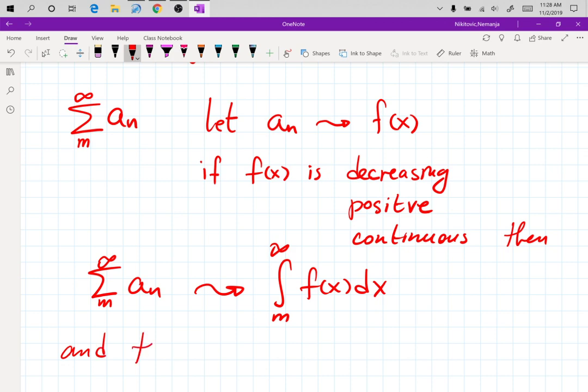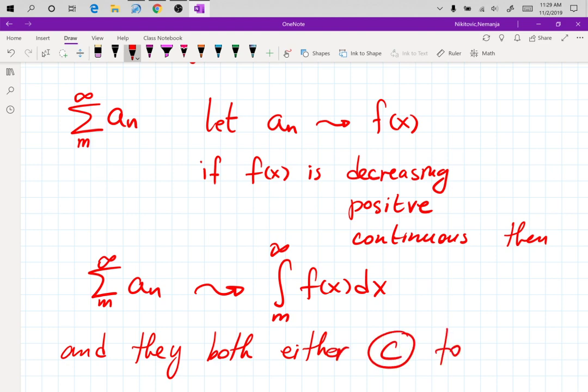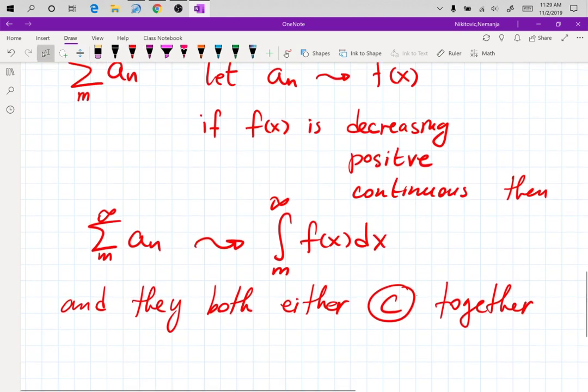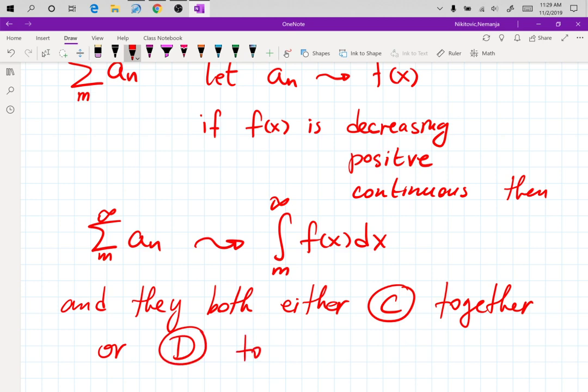And they both either converge together or diverge together.